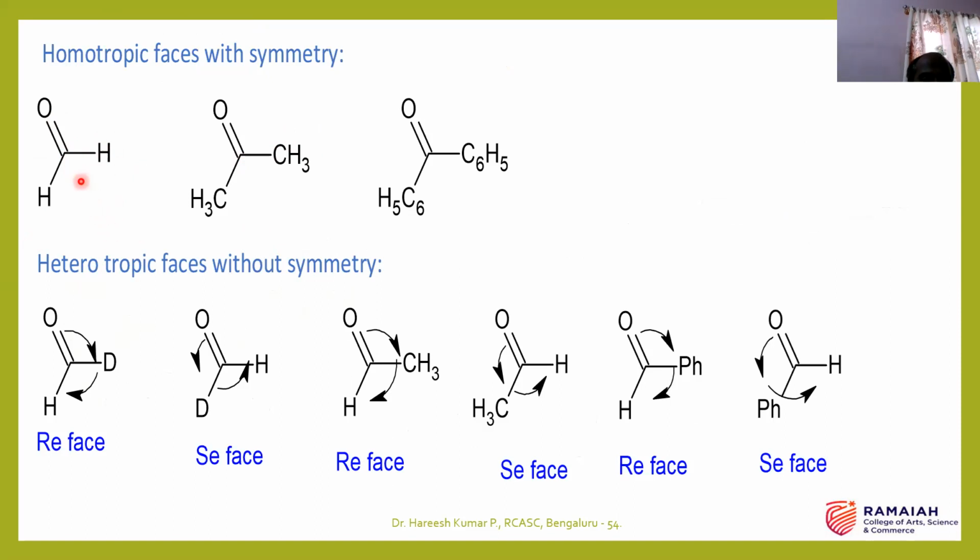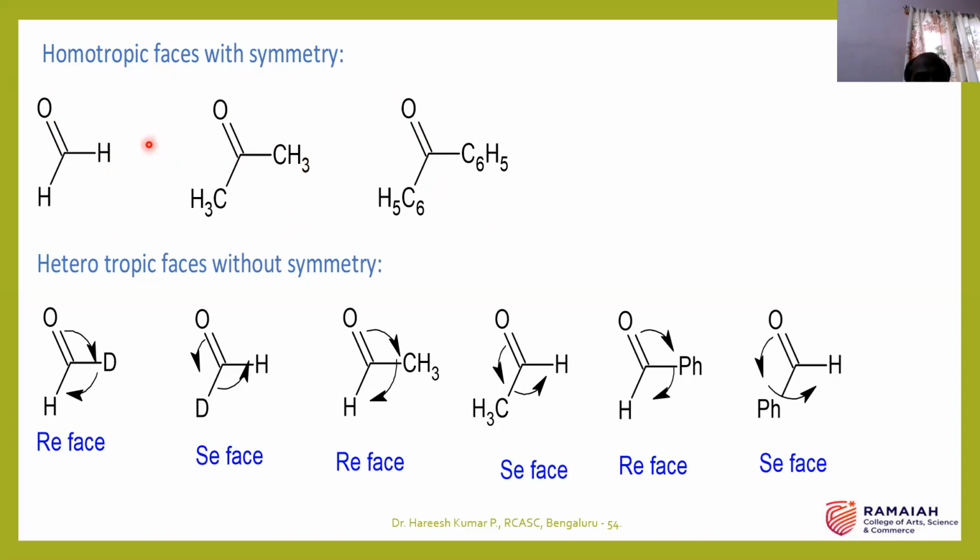If there is a plane of symmetry like this, of course this moiety will have a plane of symmetry. That is the reason I have given the heading homotopic phases with symmetry. So there is a plane of symmetry. Here also you can observe that there is a plane of symmetry. Here also you can observe that there is a plane of symmetry.